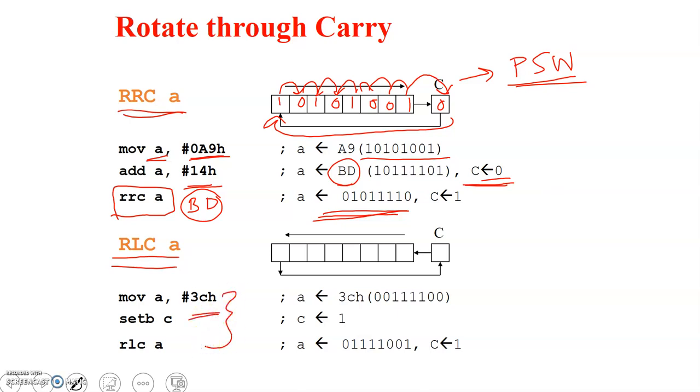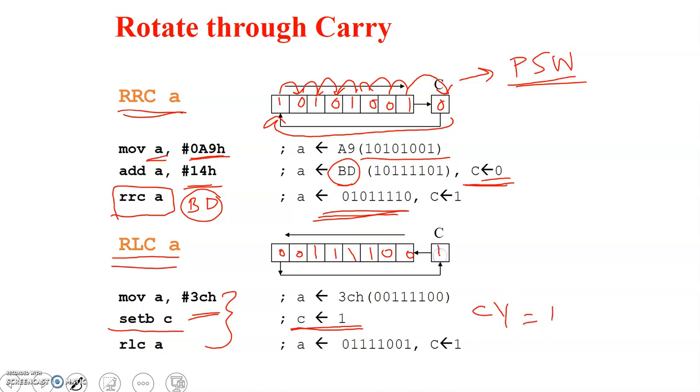Different sets of instructions are here. So 3C has been written in A. 3C means 0 0 1 1, then 1 1 0 0. Then I am writing SETB C. I am basically setting the carry flag, so C becomes 1.